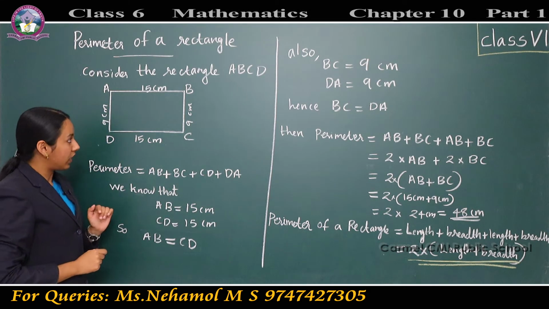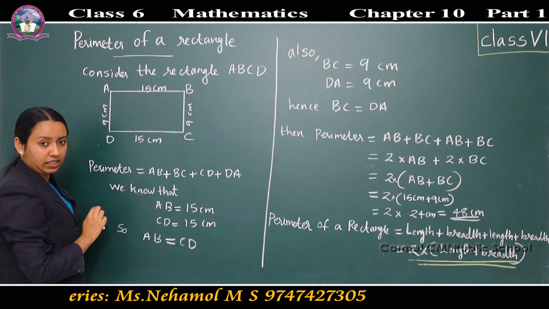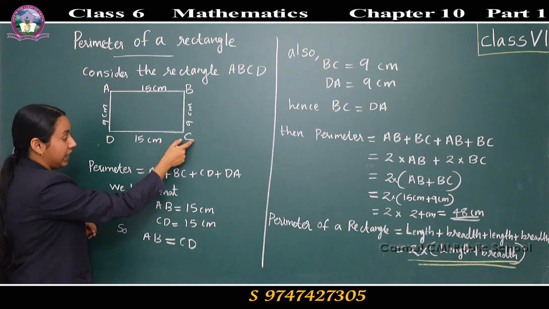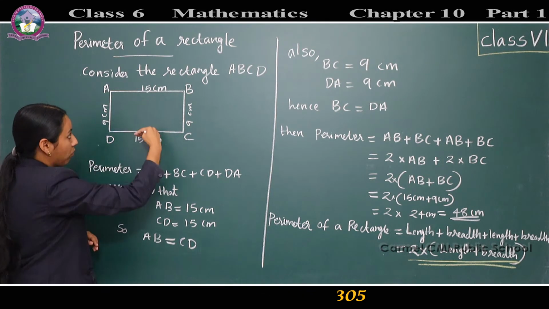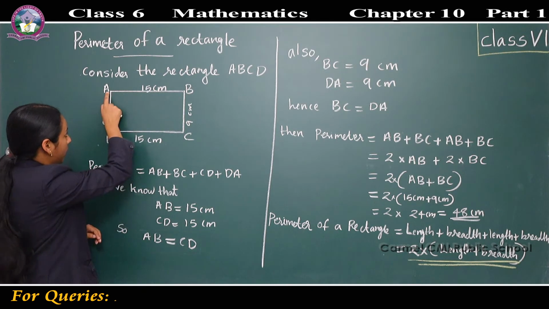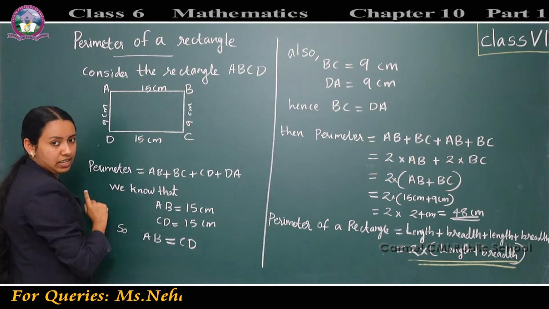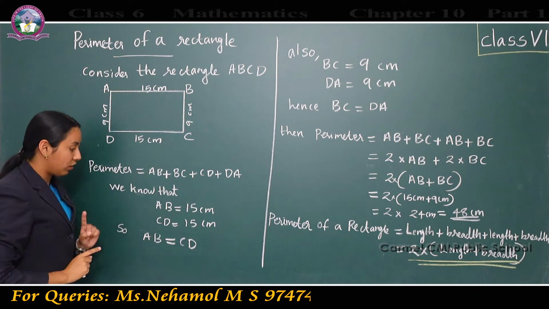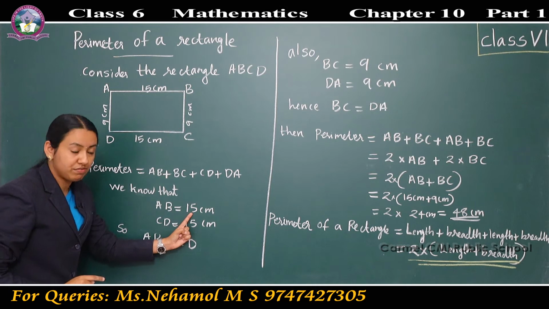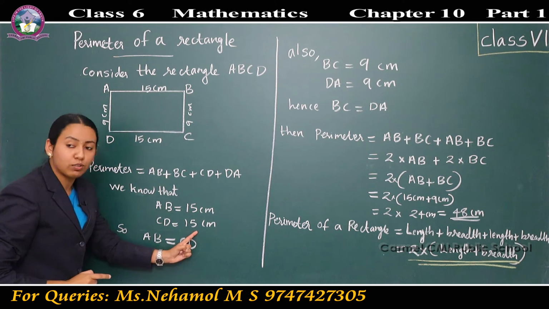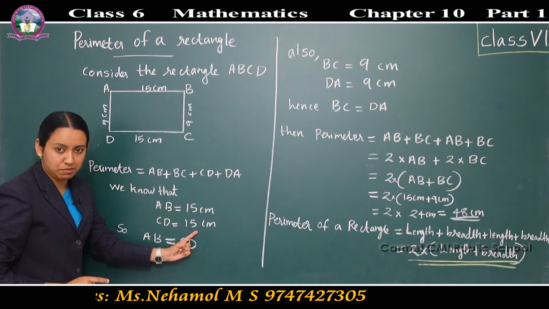Then we know that for a rectangle, AB is equal to CD. The opposite sides will be equal and parallel. So this side is equal to this side and this side is equal to this side. That means AB is equal to 15 centimeter. CD is also equal to 15 centimeter.